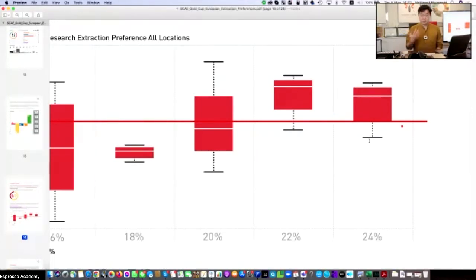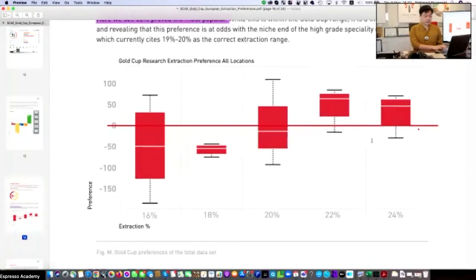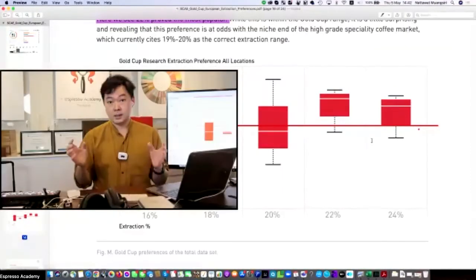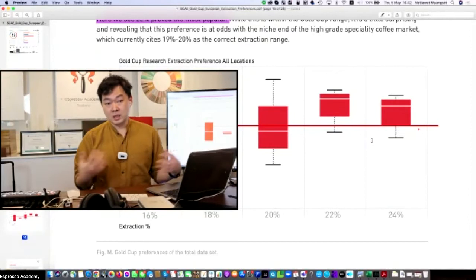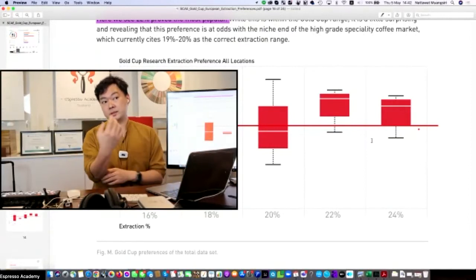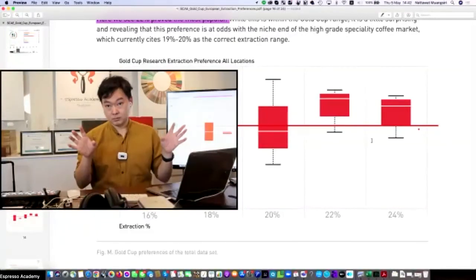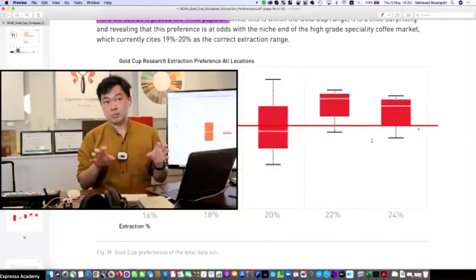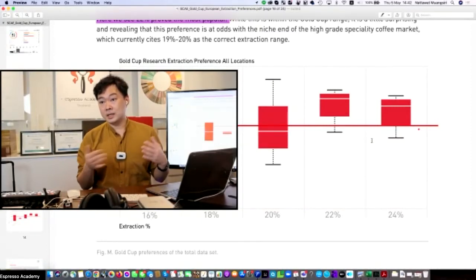So with your understanding of this, it will help. I interpret this information differently. This is how I use this information. What I learned from this research is that most people don't like sour coffee, because anything under extraction tends to be very sour.